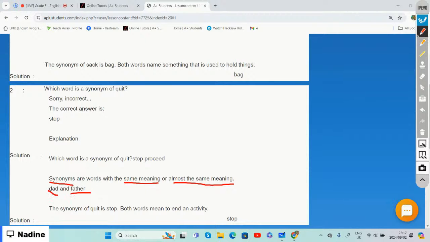Basically, the meaning of these two words is the same. The role that the one plays is the same. Dad, father, mom, and mother. Those are words with either the same meaning or almost the same meaning.